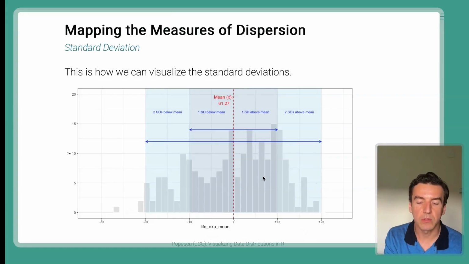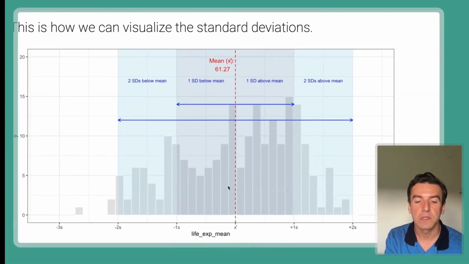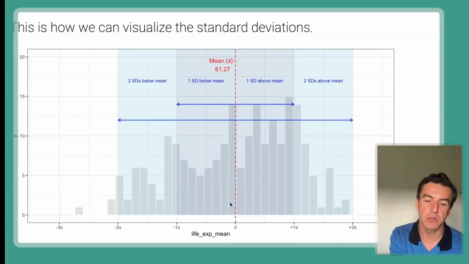So in the background, you have the histogram that we produced a few times now. In the middle, we have the mean we calculated multiple times. And these are standard deviations. This section here represents one standard deviation away from the mean in a negative direction.